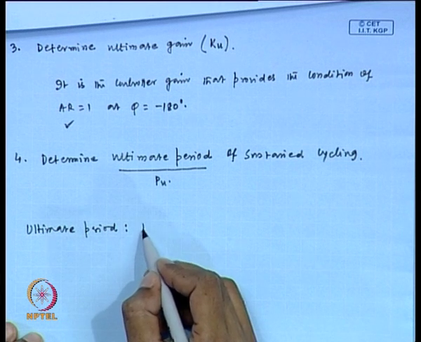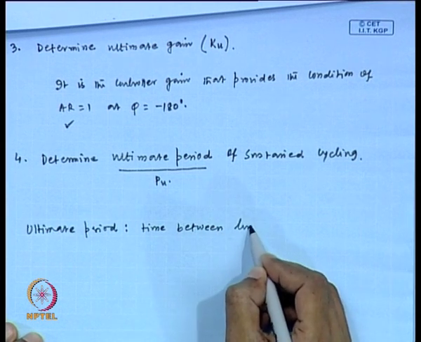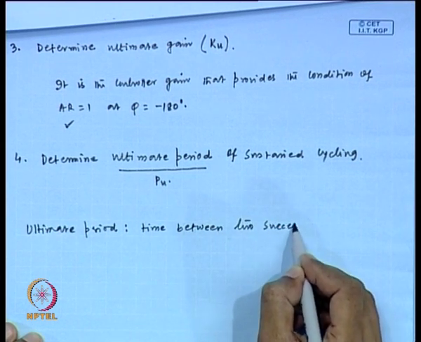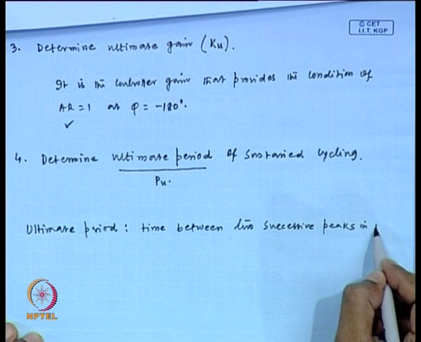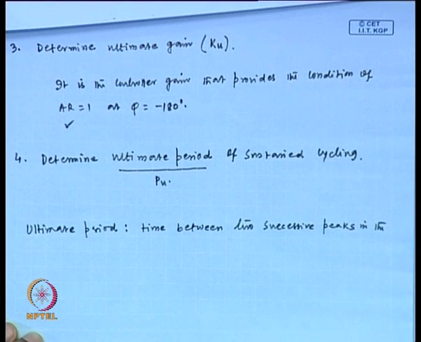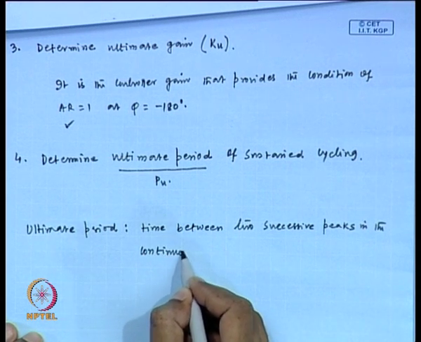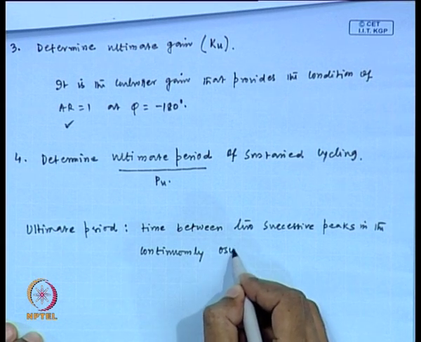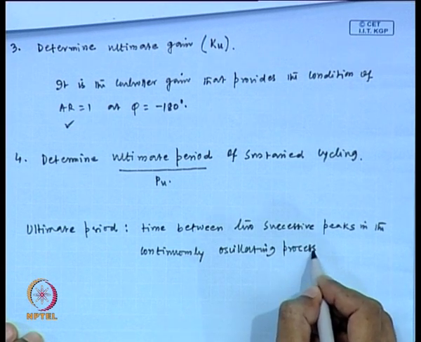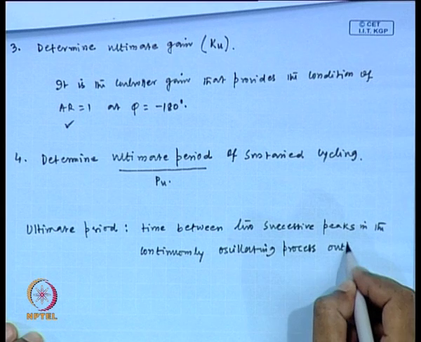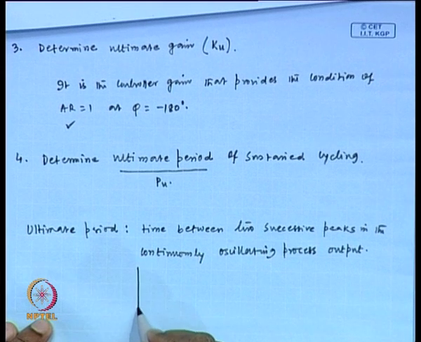Ultimate period is the time between two successive peaks in the continuously oscillating process output. It is somewhat like this.